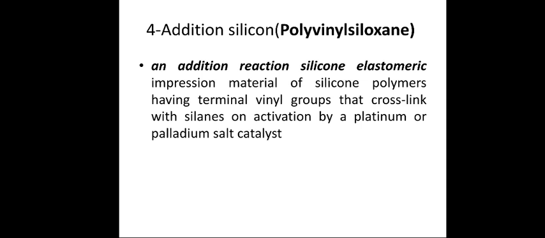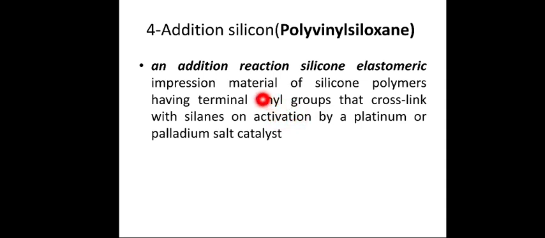The revolution of condensation silicone gave a change in the chemical properties and gave the addition silicone. The addition silicone means that the polymerization reaction is an addition polymerization reaction, and the monomers are attached to each other without giving a byproduct.